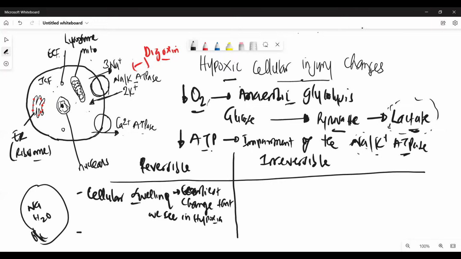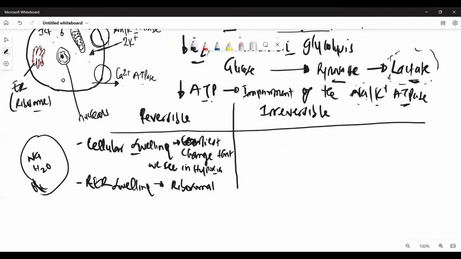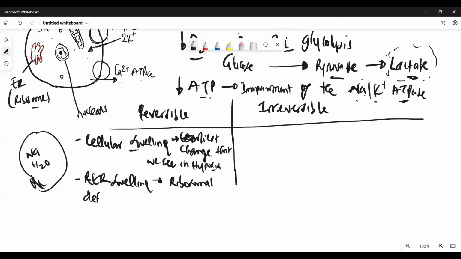Because of the swelling, the organelles are also going to swell. So we also expect the rough endoplasmic reticulum to swell, right? So rough endoplasmic reticulum swelling. And because of the swelling of the rough endoplasmic reticulum, the ribosomes on top of it want to detach, right? So this will lead to ribosomal detachment, and because of that ribosomal detachment, that will lead to decreased protein synthesis.